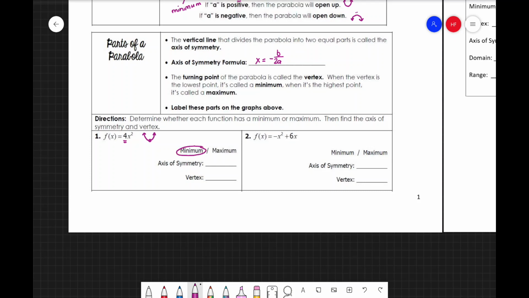Then we want to find the axis of symmetry. That's x equals negative b over 2a. So x would equal negative 0, because I don't have a plus bx. So there's 0 x's. So 0 over 2 times 4, but 0 over anything is 0. So my axis of symmetry is the line x equals 0.